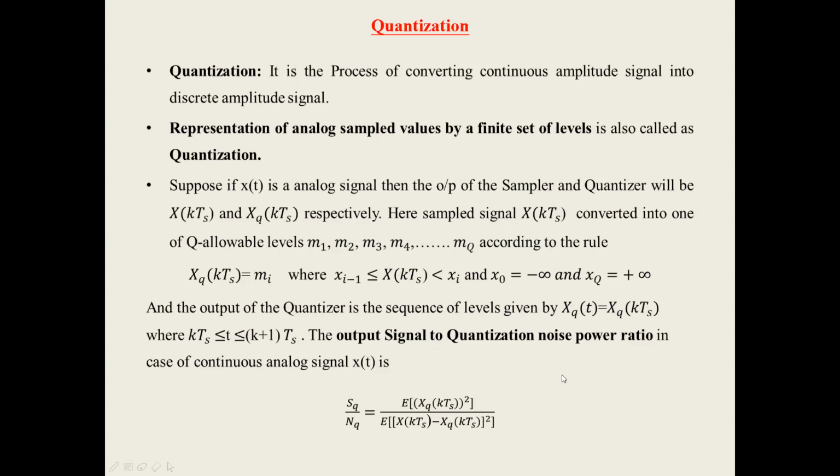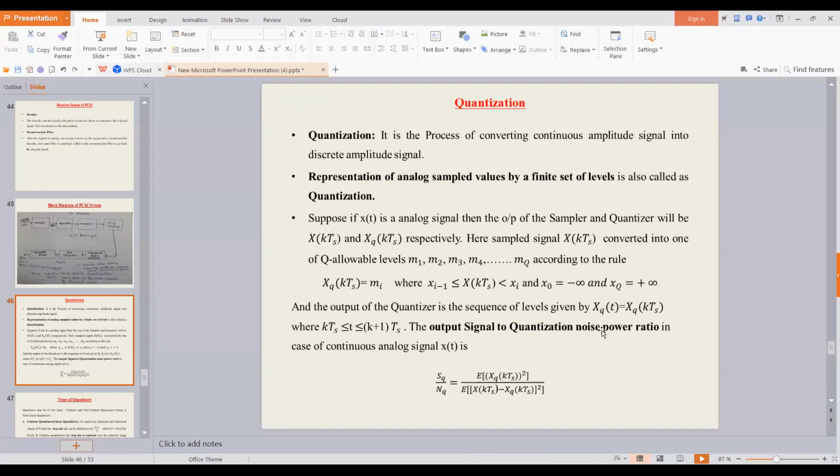The output signal to quantization noise power ratio of a quantizer is Sq by Nq.